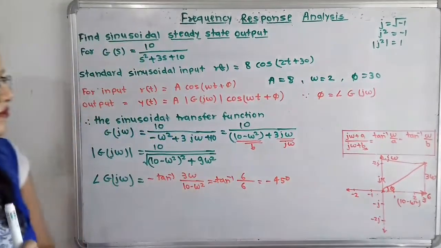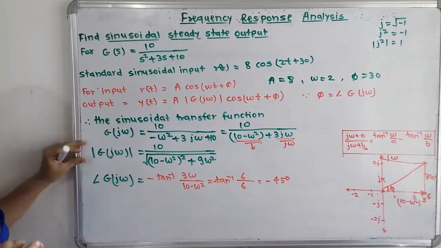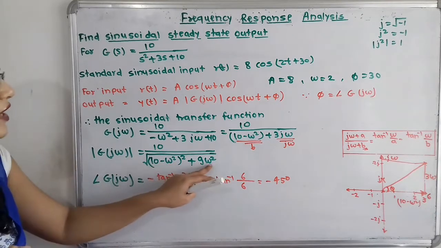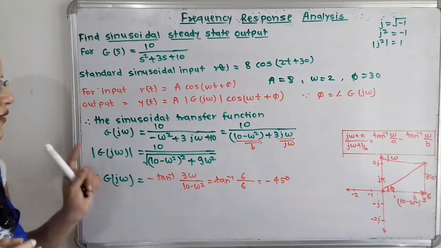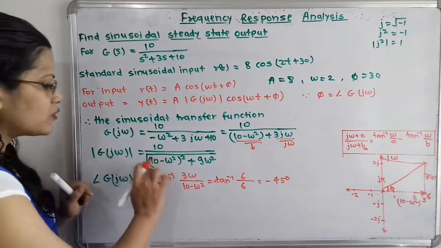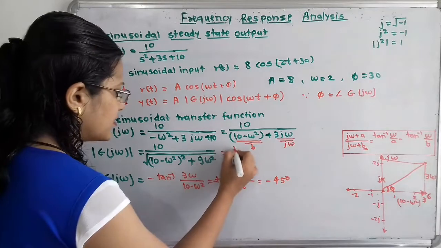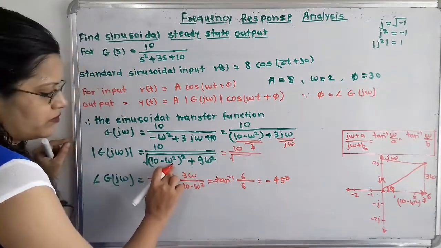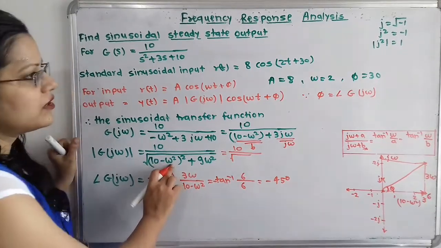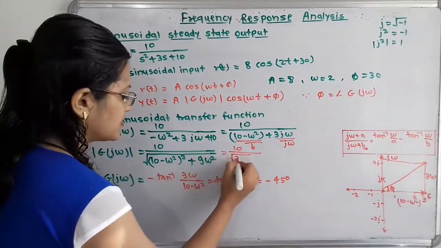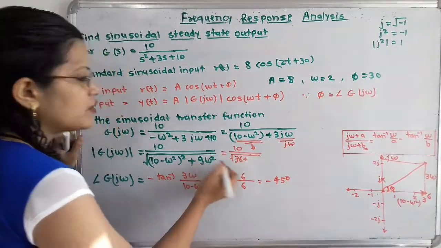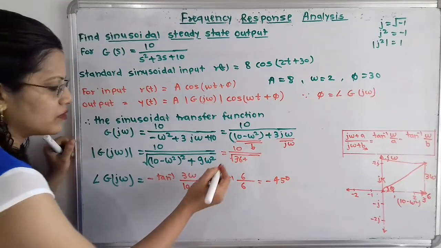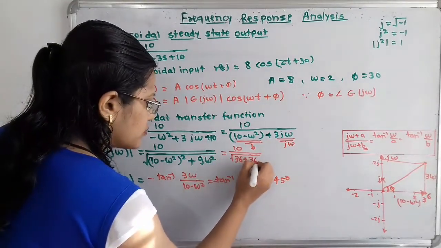Now we also have to calculate the modulus of G j omega by putting omega equal to 2. So I will take 10 divided by the square root of (10 minus 4, that is 6, and 6 square, that is 36) plus 9 into omega square, that is 9 into 4, which is also 36.